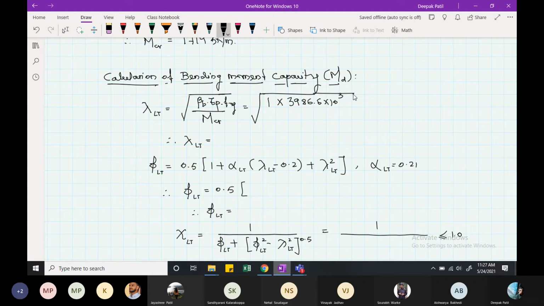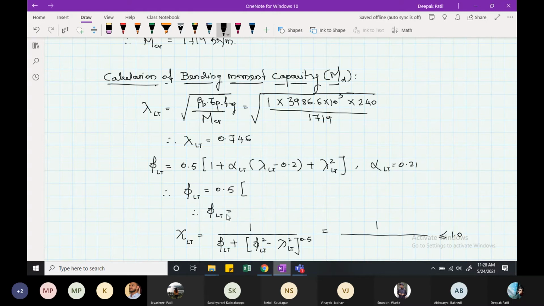Now here also you have to use Fy as 240. This whole thing divided by 1719. You will get lambda LT as 0.746. Then you can substitute all the values which are required to calculate the phi LT, provided alpha LT is 0.21.